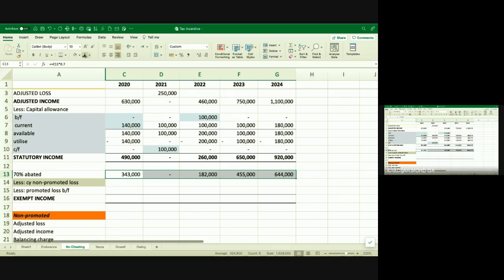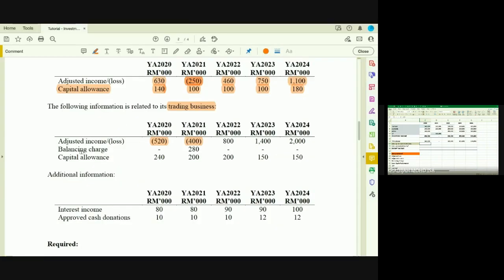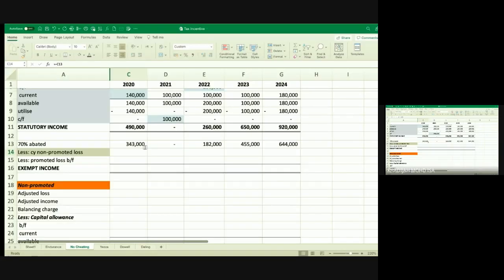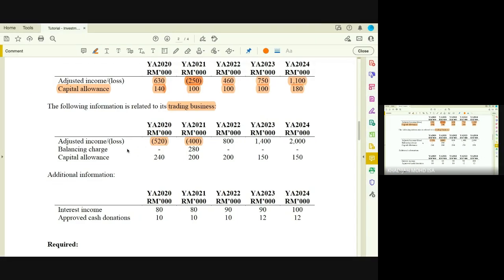So next, 343. Now you look into your non-promoted loss, your current year non-promoted loss. So look back at the question. You have the first year and the second year, you have losses of 520 and 400. So how are you going to do that? Remember that for the non-promoted, whenever you have a loss, the loss has to be utilized against your 70% abated income. In this case, your 70% abated income is 343. Loss is 520, so the loss is bigger.